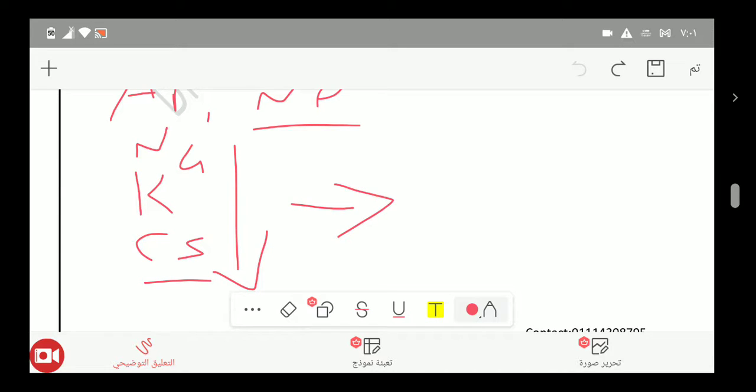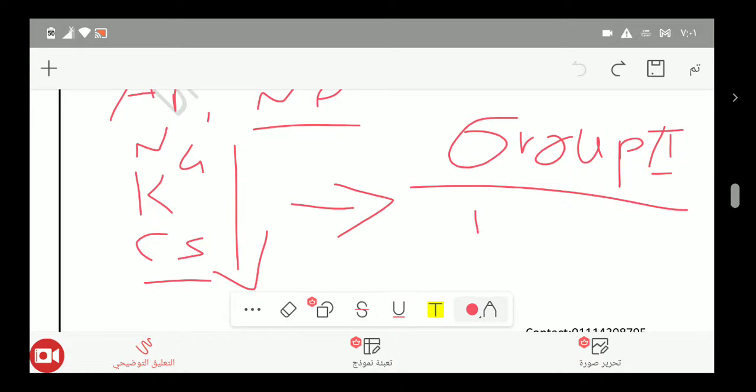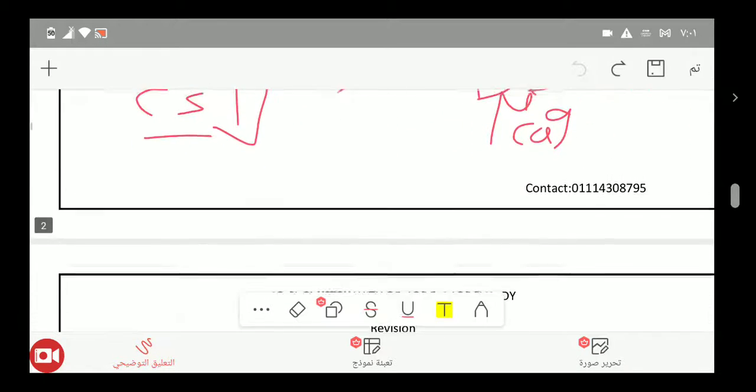Let's move to group 2 elements, which start with beryllium, magnesium, calcium, and so on. So what about the reactivity of this group?